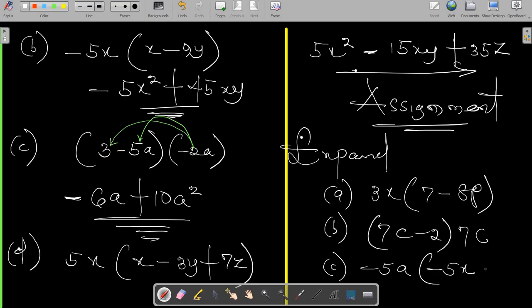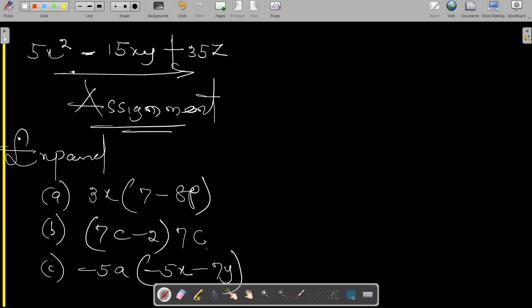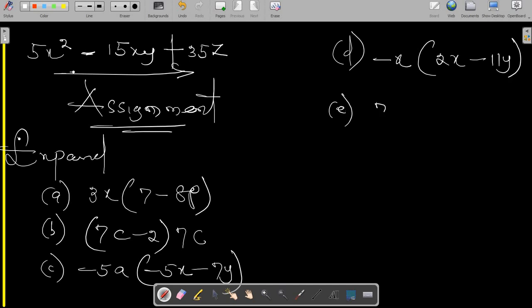Minus 5x minus 7y. So let's go to the D part of the question. Minus x into bracket minus, let me put 11y here. Then the E part of the question. So we have 5 questions. So I would like to see your solution. So this is x plus 3y, and this is plus 4. And that's definitely the assignment.